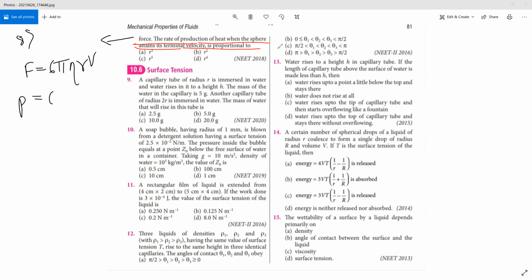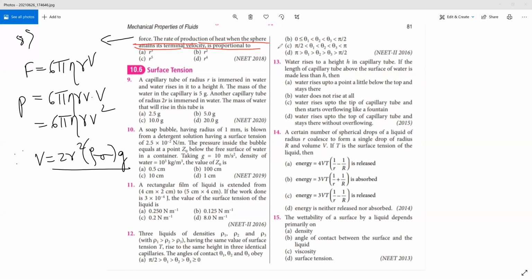Therefore, P is equal to 6 pi eta r into v, which is equal to 6 pi eta r into v square, because terminal velocity v is equal to 2r square (rho minus sigma) g divided by 9 eta.